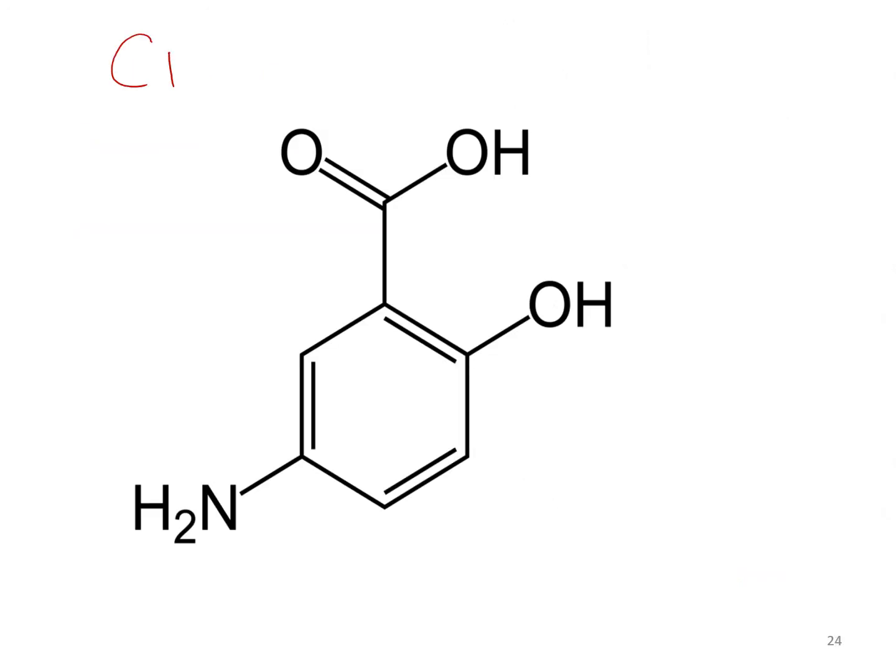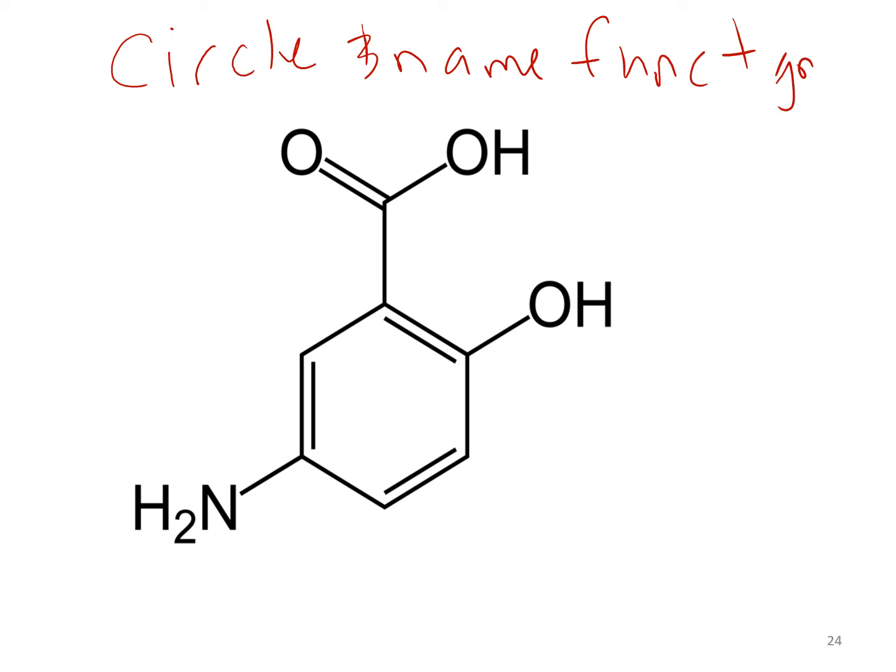So in this one, same thing. I want you to circle and name the functional groups that you see. And I would like to go ahead and draw in our carbons because this one has some line angle drawing with it. So again, every point represents a carbon. So in this compound, let's start at the top of it.